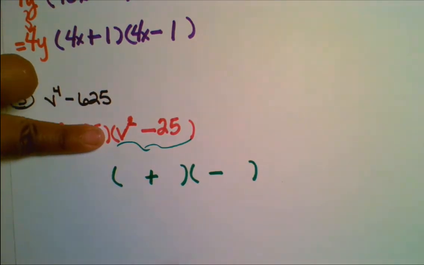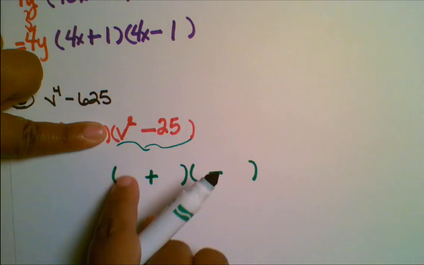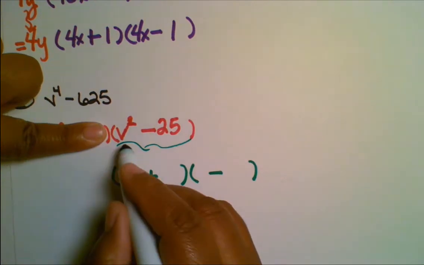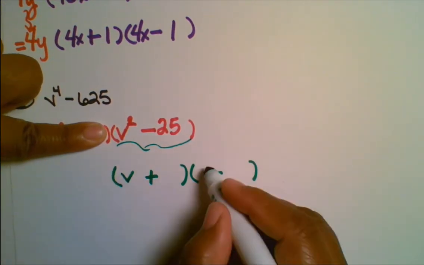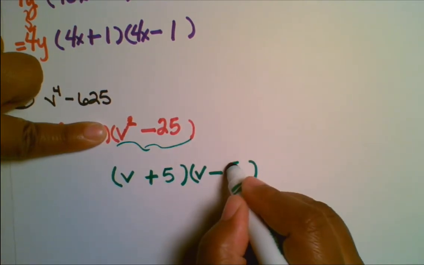I'm going to cover up this v squared plus 25 for a second, and let's plug in the appropriate factors to the appropriate places here. So break down v squared, we have v and v. Break down 25, we have 5 and 5.